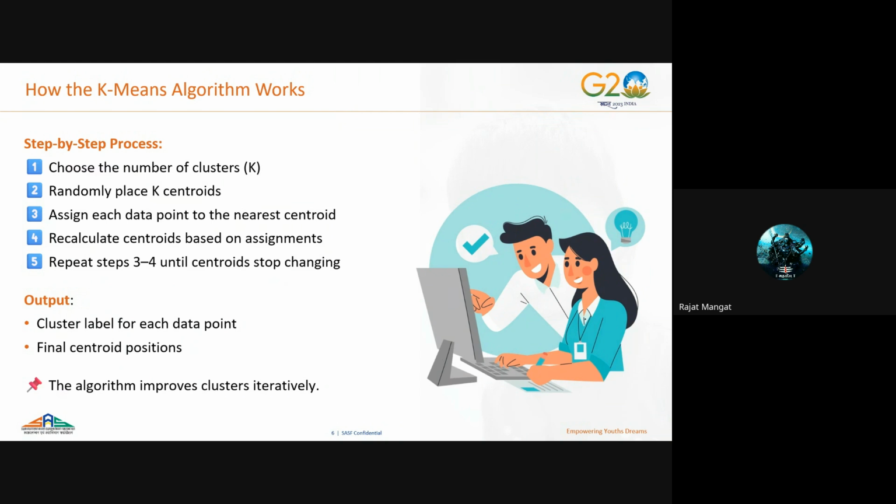When the centroids stop changing, our algorithm has grouped all of them together perfectly. The output will be a cluster label for each data point and the final centroid positions. The algorithm improves clusters iteratively.